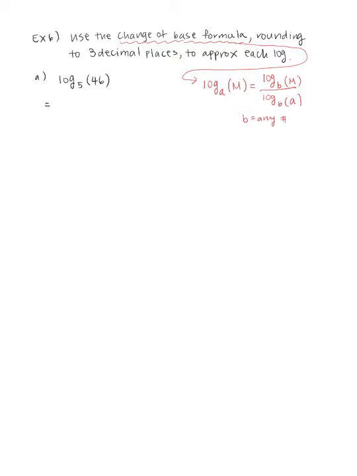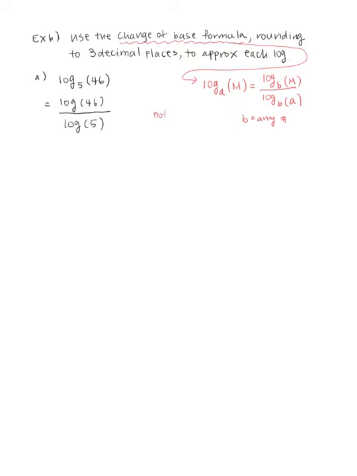So I can rewrite this in terms of log base 10. This is the same thing as log of 46, whole thing over log of 5. Oh yes, another thing: let me just show you the illegal math. I see this all the time, and I see why a lot of students do this, because I used to do the same thing.